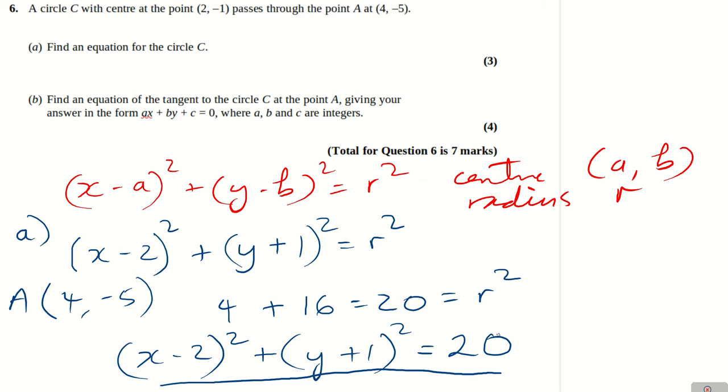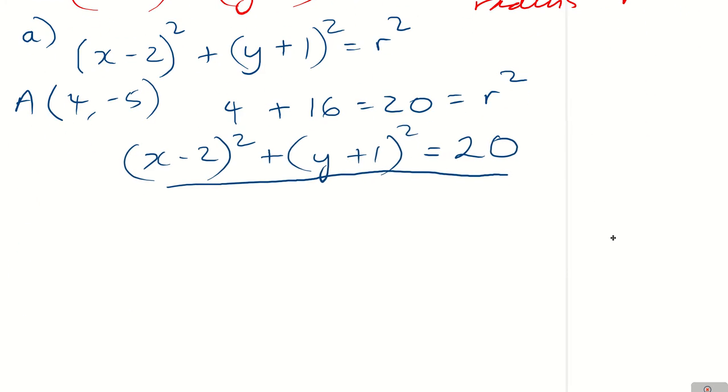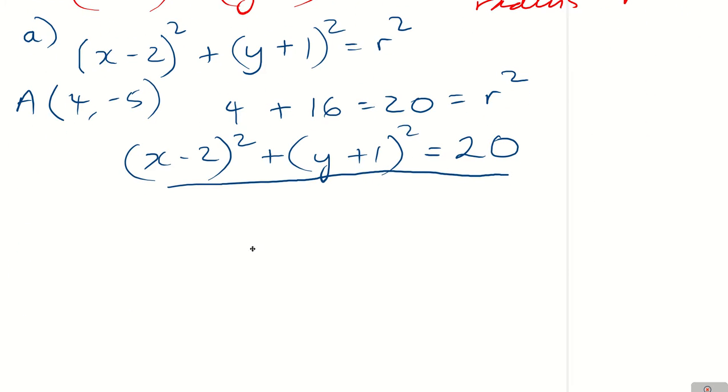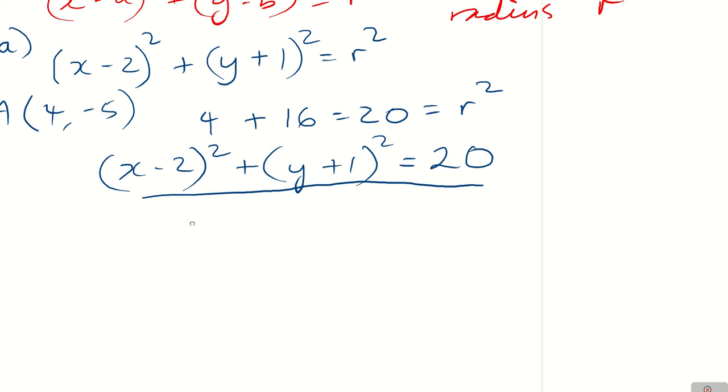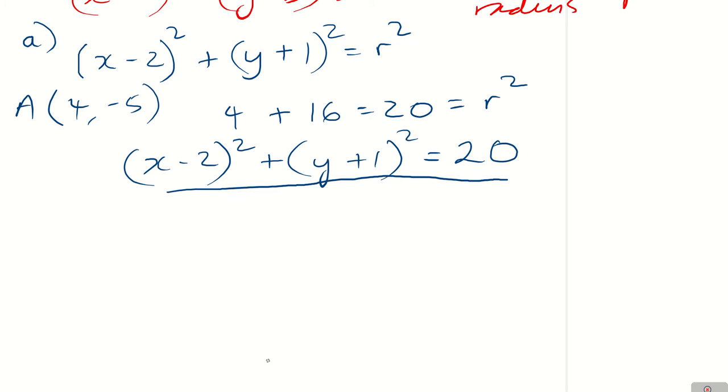Now the next part is asking us to find the equation of the tangent to the circle. Remember that if we've got a circle, so not drawn very well, but here I'll do a circle. Now here's the centre of the circle, which in our case is the point (2, -1).